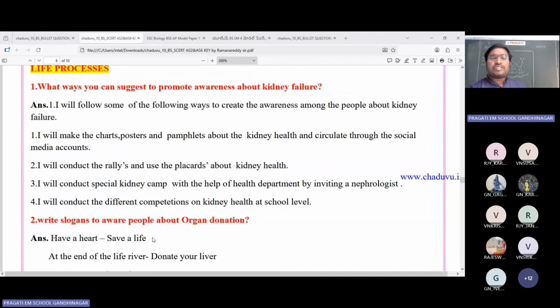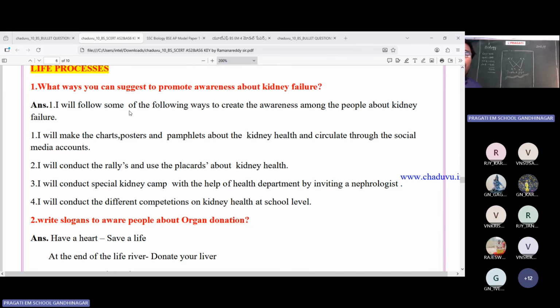What ways can you suggest to promote awareness of kidney failure? Try to write at least 4 points, as this is also one of the 2 mark questions.